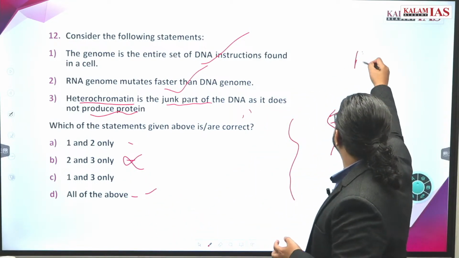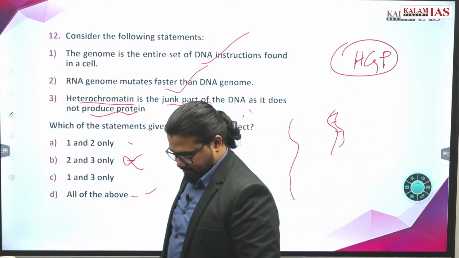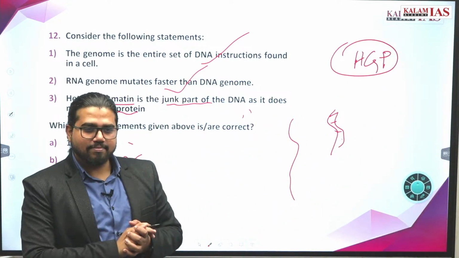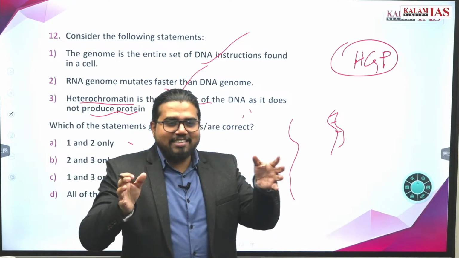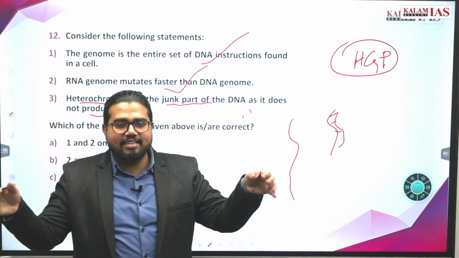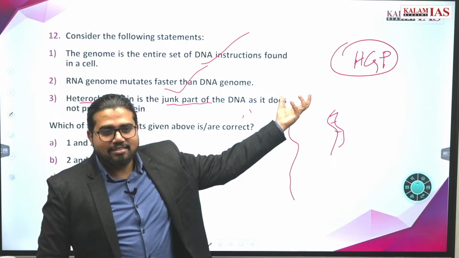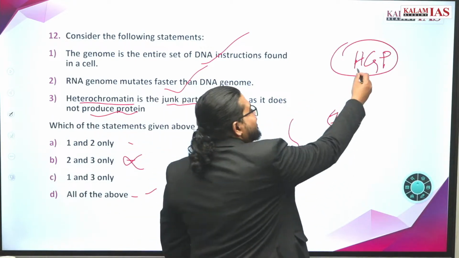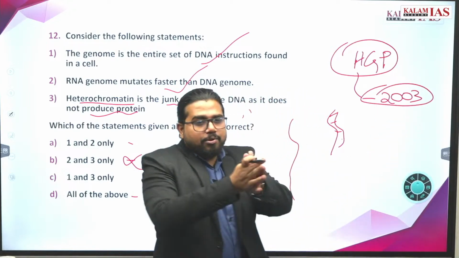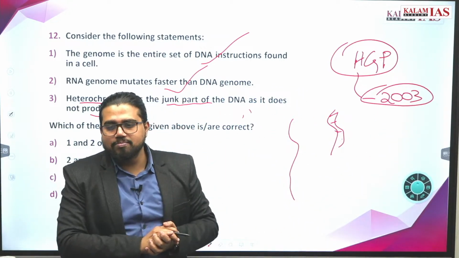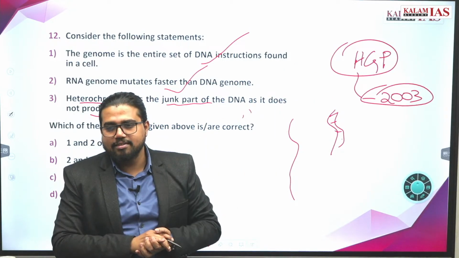We have this Human Genome Project. What was this? The idea is to extract the complete information of the human genome. When did this project start? Something in the 1990s, and by 2003 we had produced a complete set of the human genome. Now the Indian government is starting an Indian Human Genome Project.